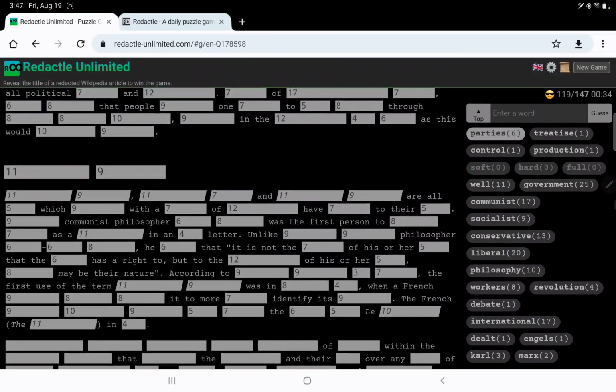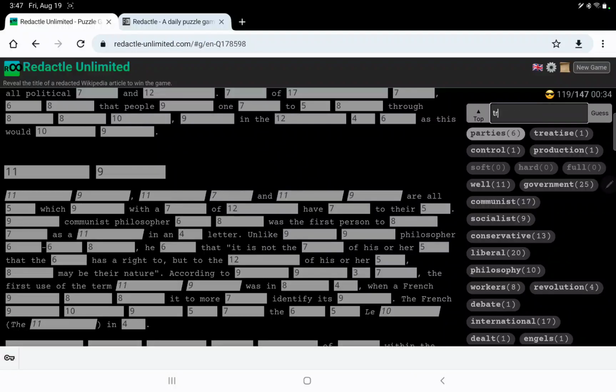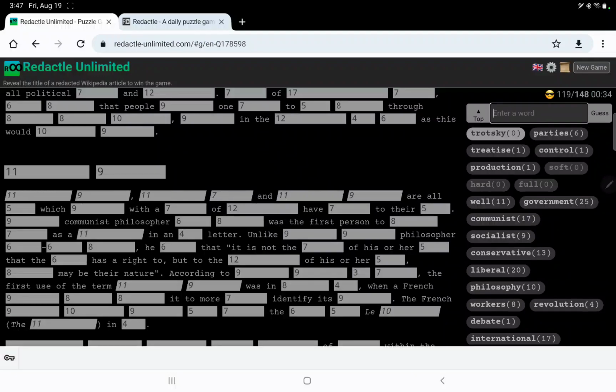So who are these early socialist, communist philosophers? I know Trotsky, poor old Trotsky, got an ice pick that made his ears burn. He's not mentioned. Who would be mentioned?